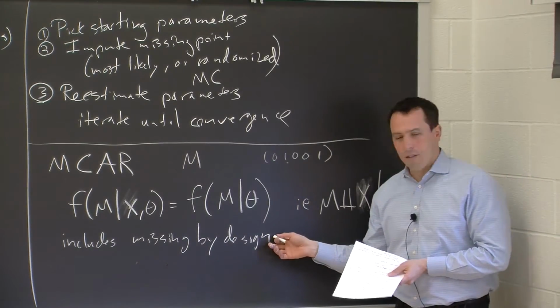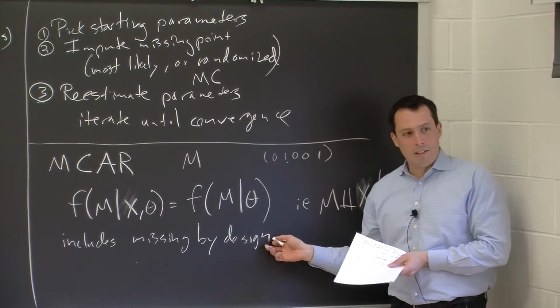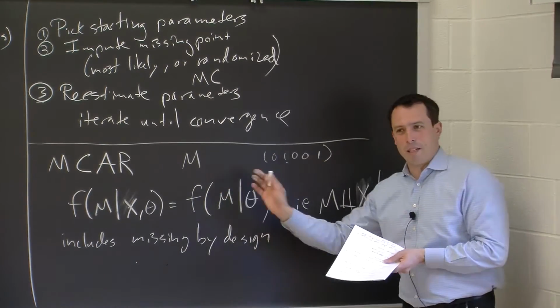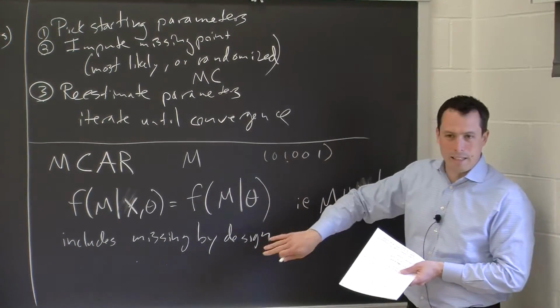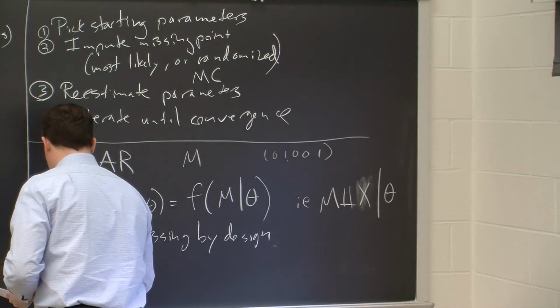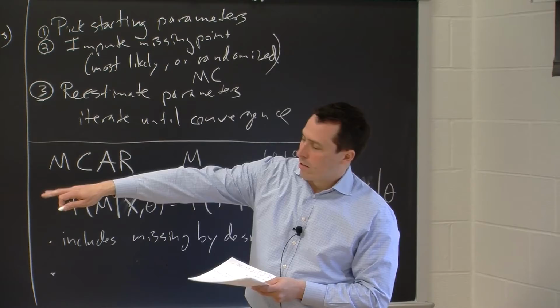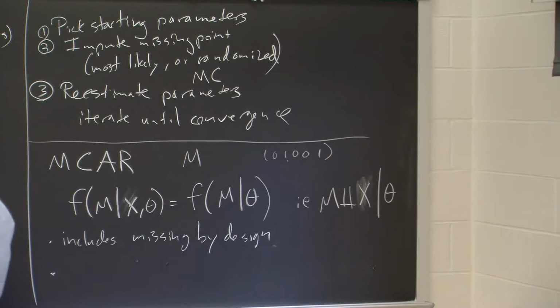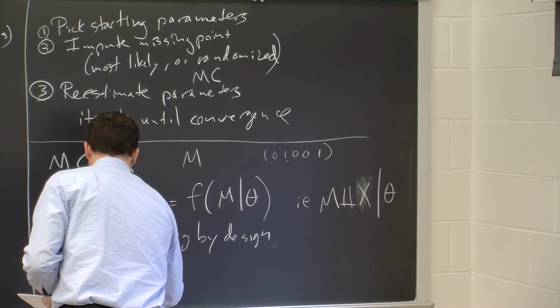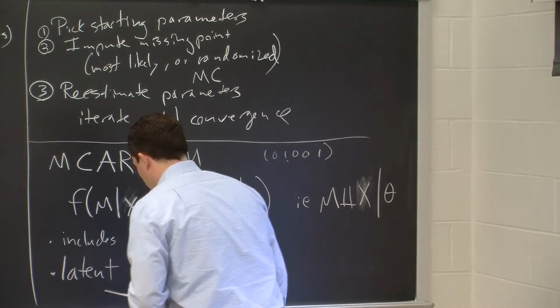Or maybe the first 100 people, I make them answer every question on my survey by standing over their shoulder, and then the rest of them I let them do whatever. So I have some design that causes the missingness. Another way of thinking about that is that the latent variable is also missing by design, where I never know it. By design, I never ask that question.